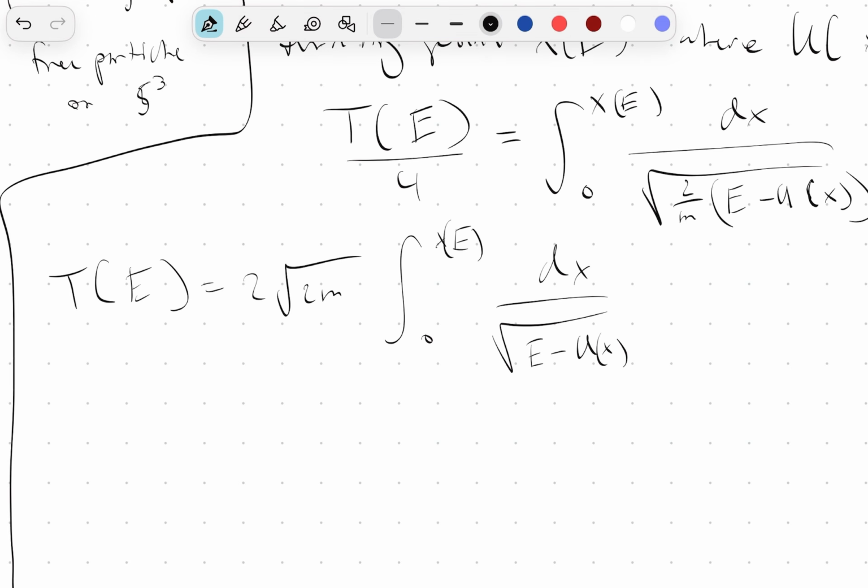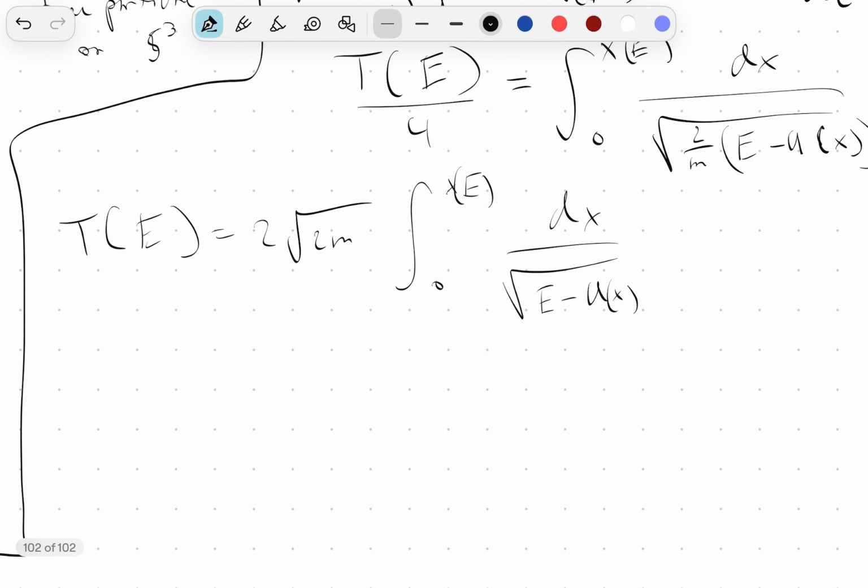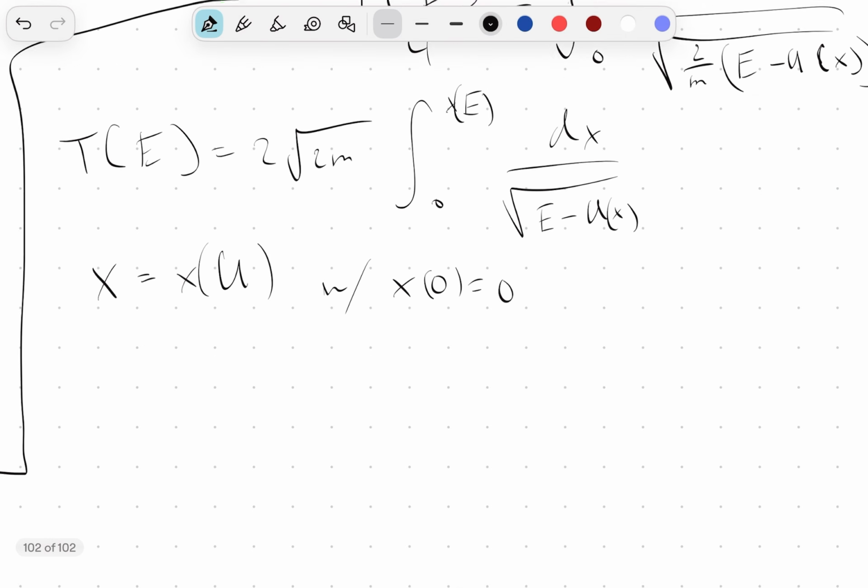Now, what we can do is change the variable to the potential. Because we have that u of x is strictly increasing and monotonic for x greater than 0, we can actually invert the relation to obtain x as a function of u, with x of 0 equivalent to 0.